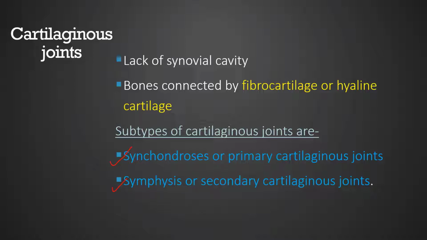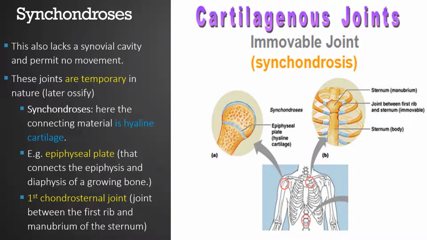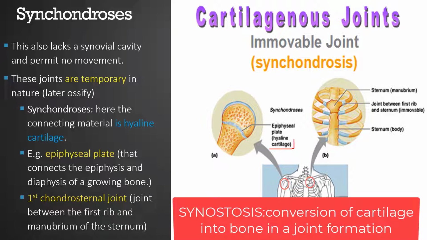Now let's begin with synchondrosis, or the primary cartilaginous joint, in which the bones are united by the help of a plate of hyaline cartilage, and the plate of the hyaline cartilage is later ossified, converting into a bone, and this process is called as a synostosis. So synchondrosis becomes synostosed.